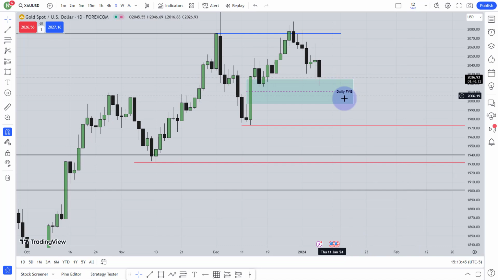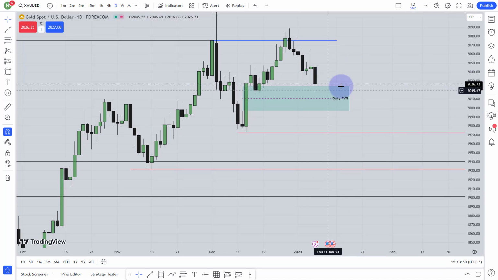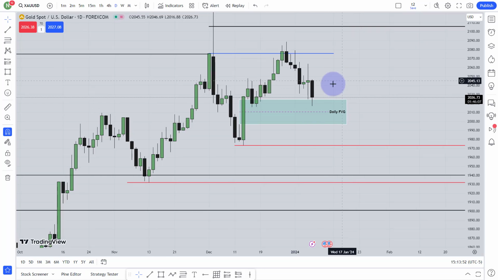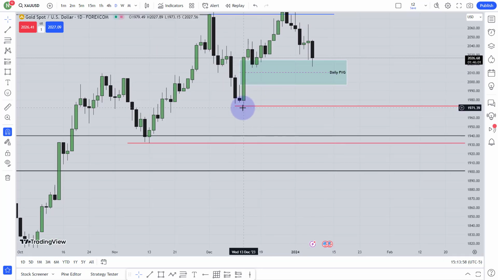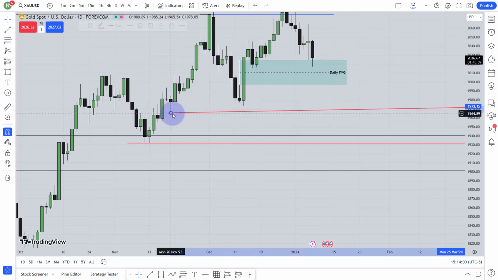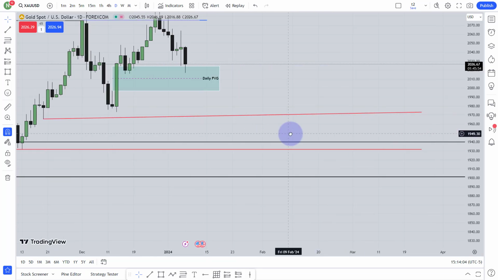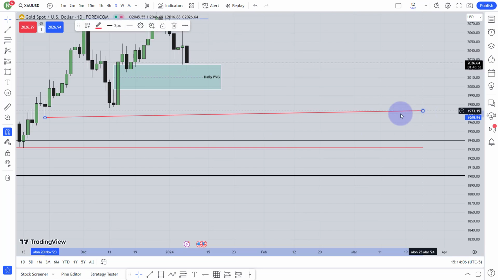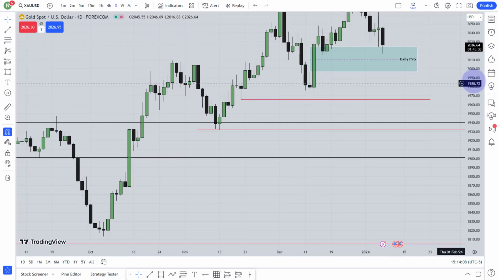I would love to see how this daily fair value gap works with the price. If I see price can go through this daily fair value gap, after that this low will be my target. Then I would love to mark this low and that low. They're relatively equal lows. So that should be my target from the daily chart. That is my sell side liquidity.